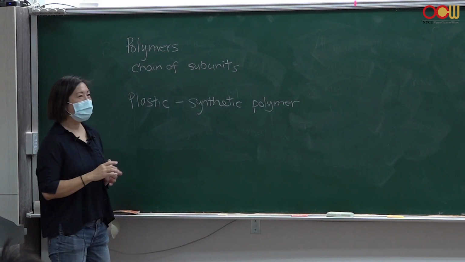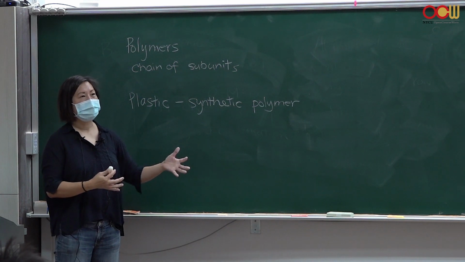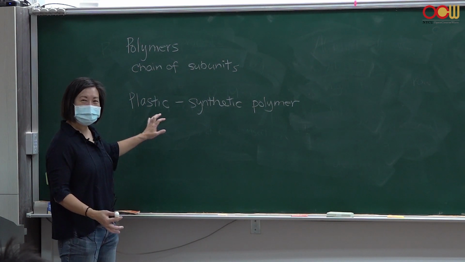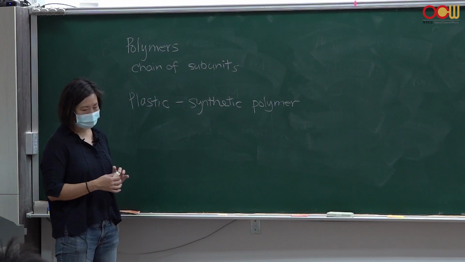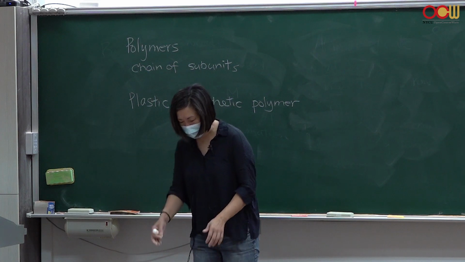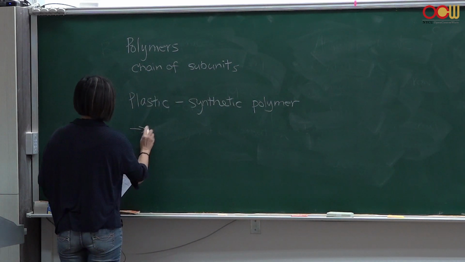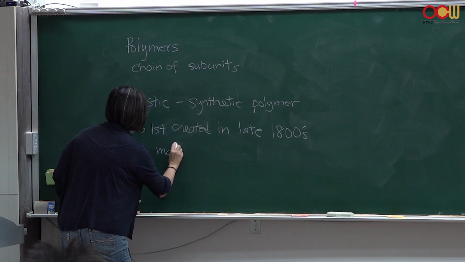And we were talking just now about how glass is one of the oldest materials that people have learned to make. Plastic is one of the newest materials that people have learned how to make. It was actually first created in the late 1800s, and they were made from cellulose.